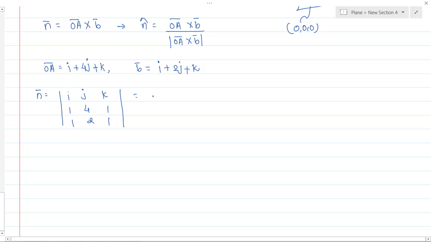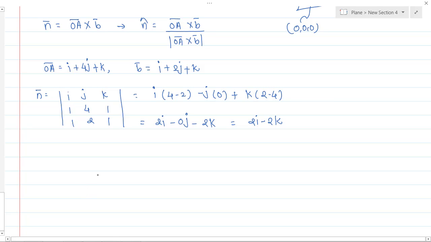Solving this, for i you get 4 minus 2, for minus j you get 0, and for plus k you get 2 minus 4. So it is 2i minus 0j minus 2k, which is 2i minus 2k. This is what we get as n bar.